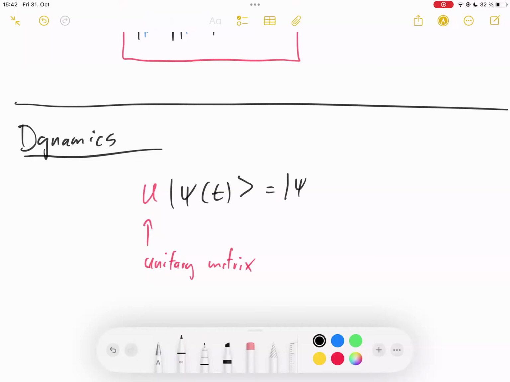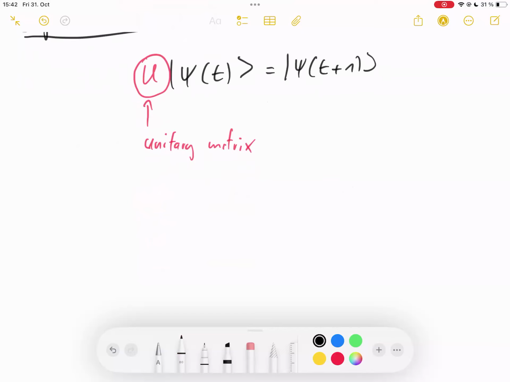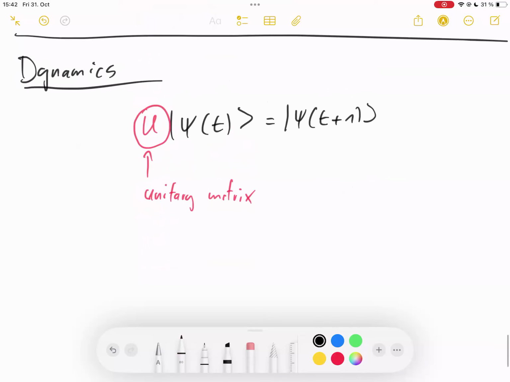So we have a psi of t plus 1. Because we had the state, we did some operation in a quantum computer. This U, a unitary matrix, will always represent some fundamental operation. We will see as of next week which ones actually exist in a quantum computer. And then we apply operations over and over again. But later, we want to be able to undo some of these operations. And for that, we need to work with these unitary matrices in the right order. So this was the general idea.